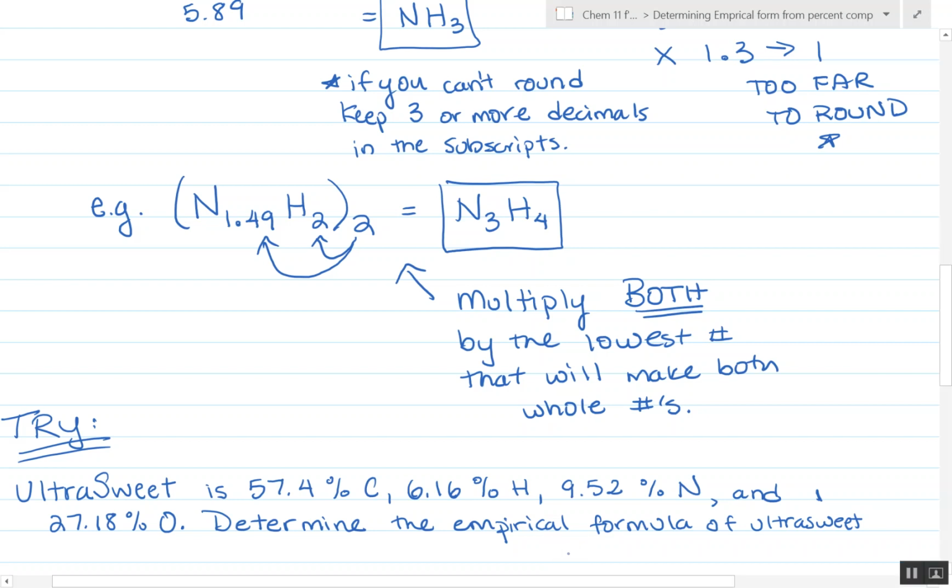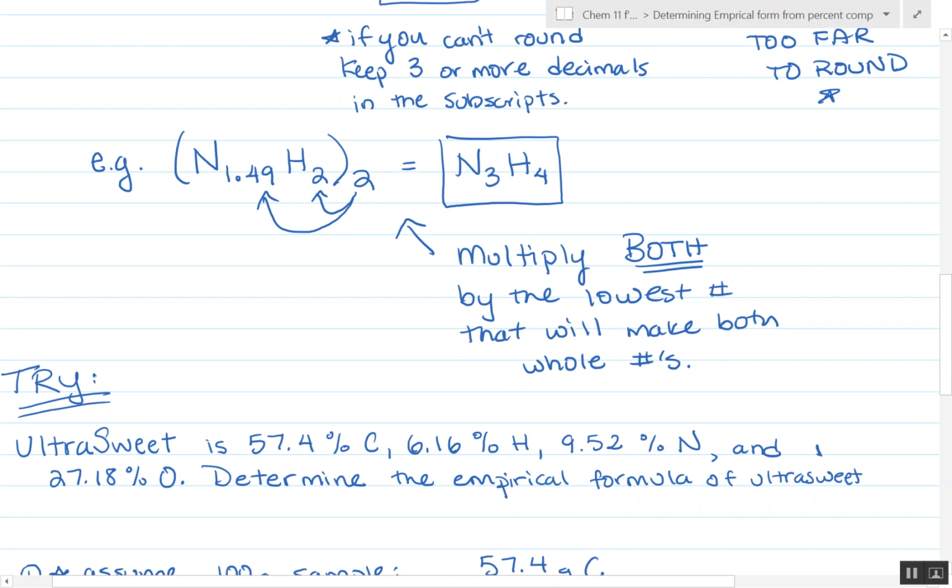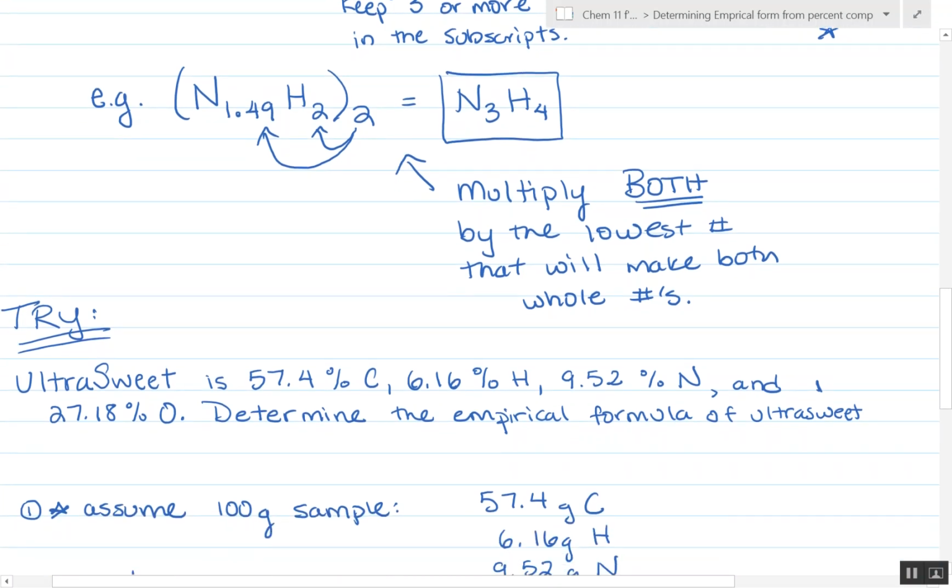All right, welcome back. So hopefully that question went well for you. So the question asked, Ultra Sweet is 57.4% carbon, 6.16% hydrogen, 9.52% nitrogen, and 27.18% oxygen.